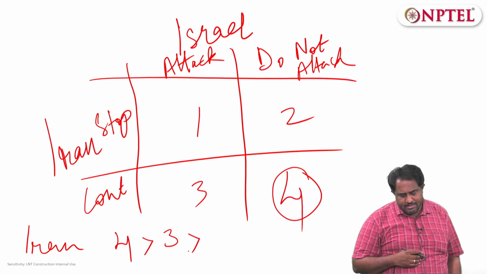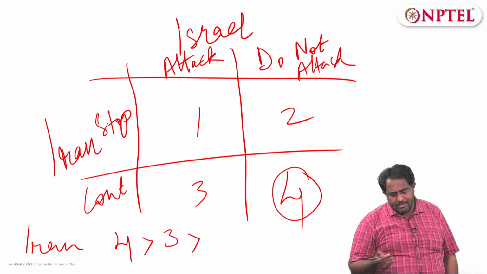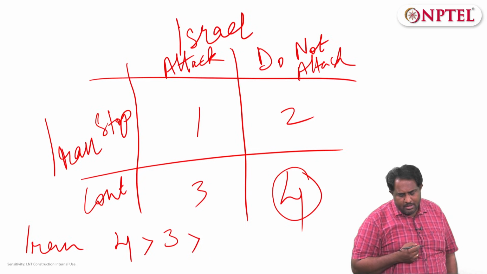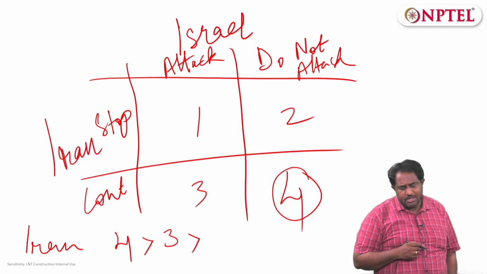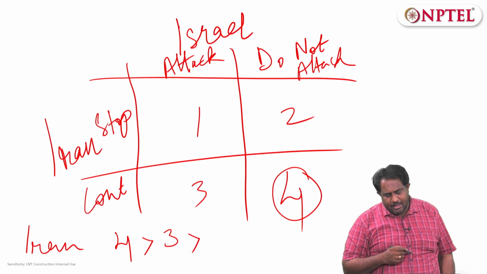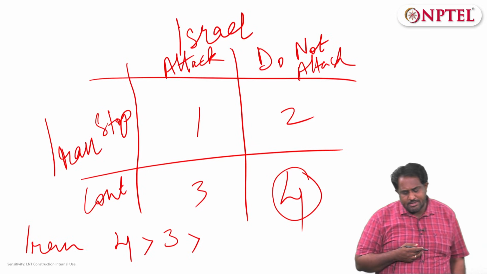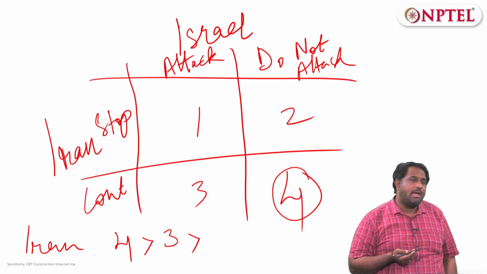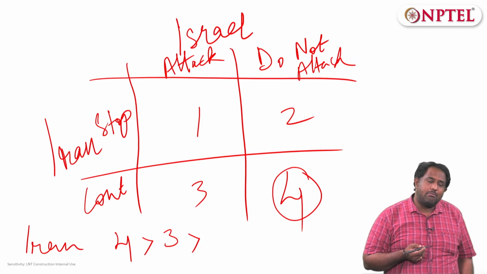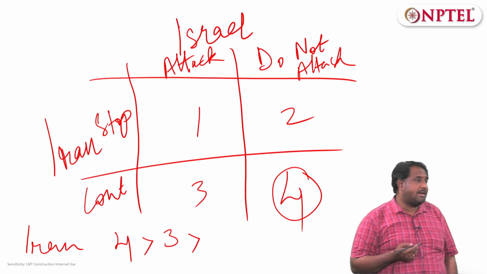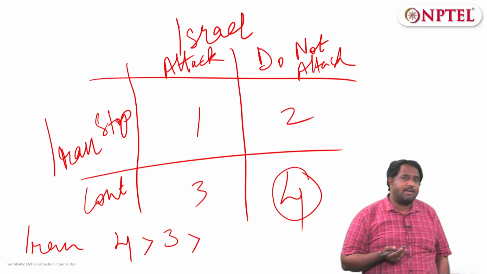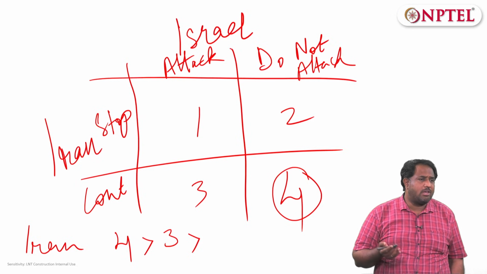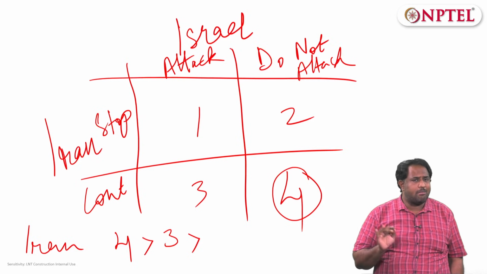Again, the next ranking, intuitively, as we had also discussed when we opened up discussions on this particular issue, was that out of the two choices, if it has to stop developing nuclear weapons, it would rather stop at a time when it does not face catastrophic attack, because once you face catastrophic attack, there are several aspects to it, right? It pushes back your economy by a decent number of years.